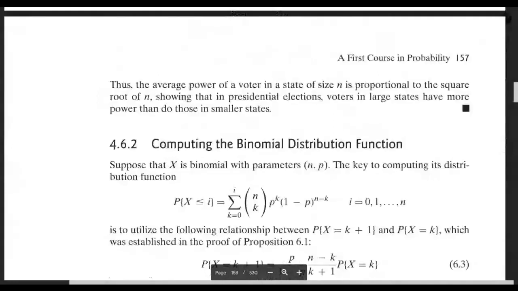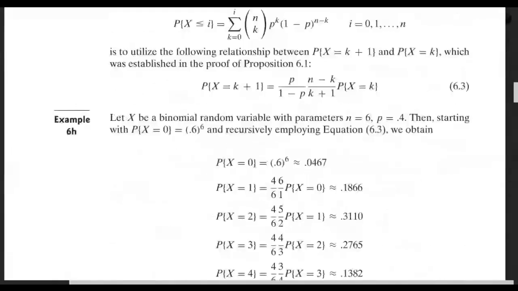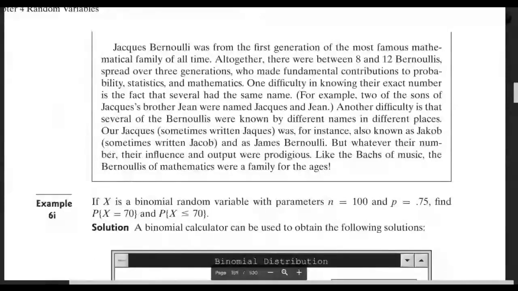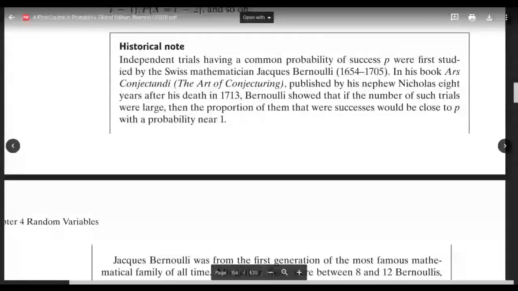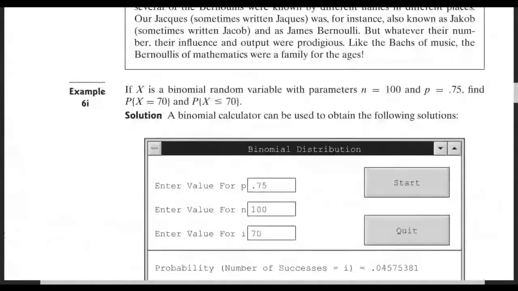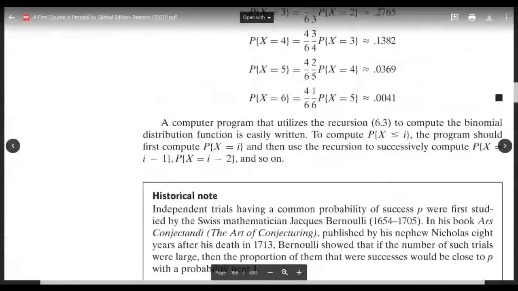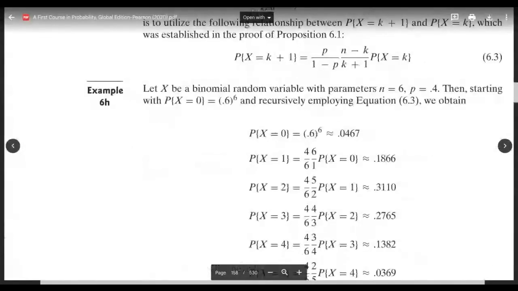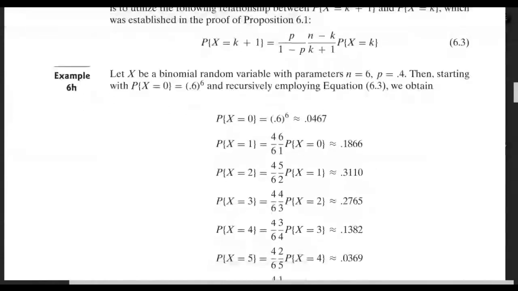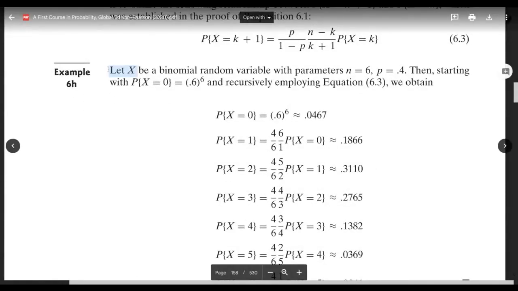Let's see the second proposition. Right, let's see this one. Example.